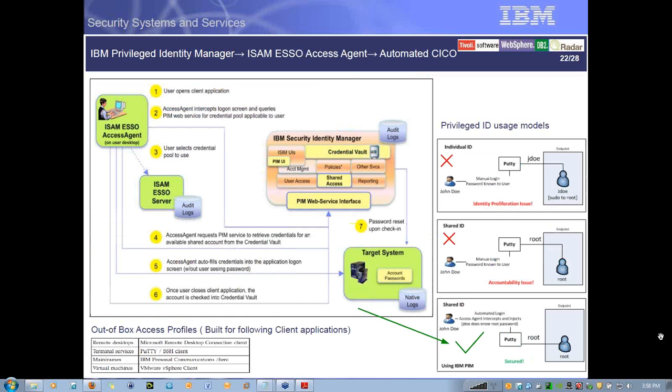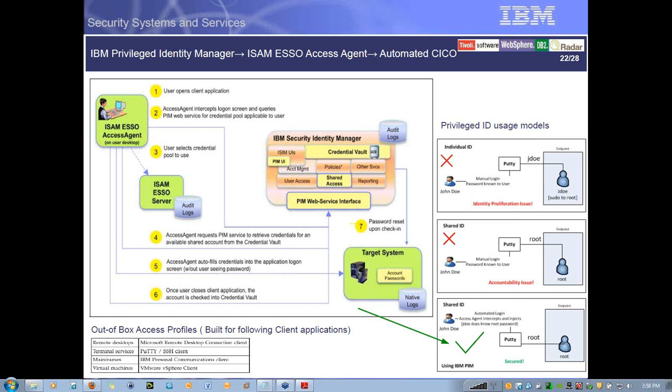So here we will talk about automated check-in, check-out. The same thing: the user opens a client application, the access agent intercepts the logon screen, queries the PIM web service internally, and pulls the list of credential pools. The user selects the pool.